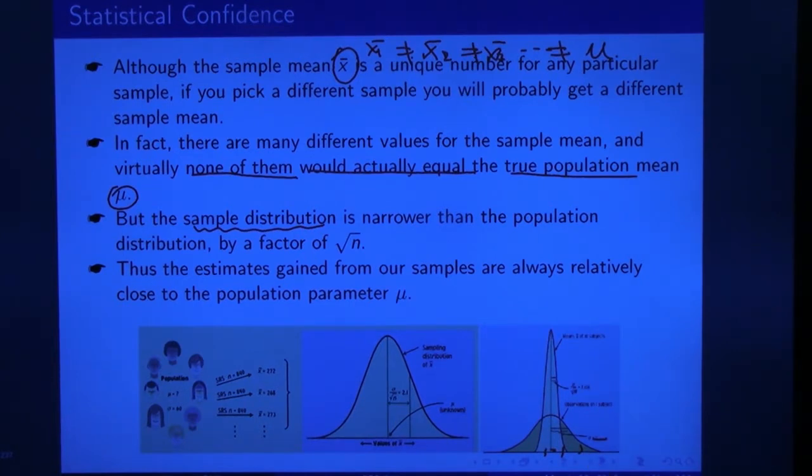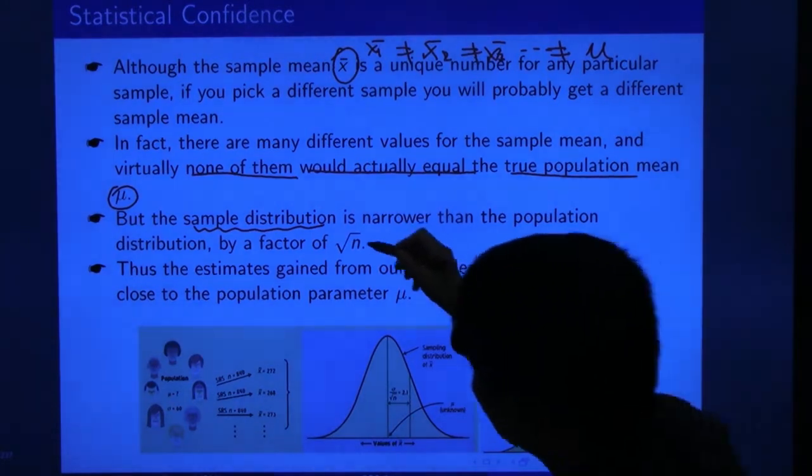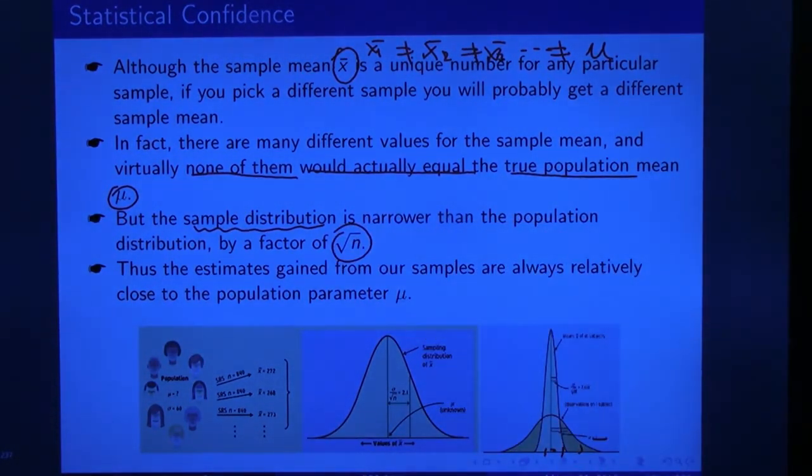So that is the beauty of a sampling distribution. Therefore, the estimates from our samples are always relatively close to the population parameter mu.